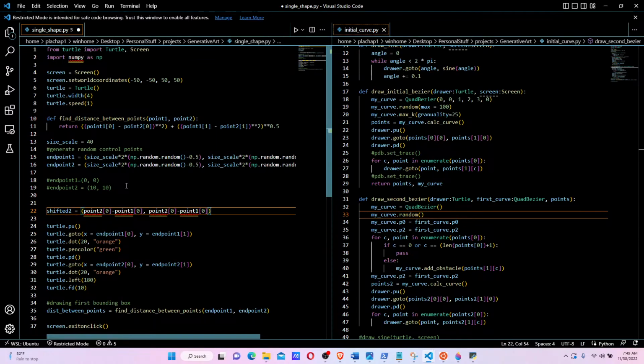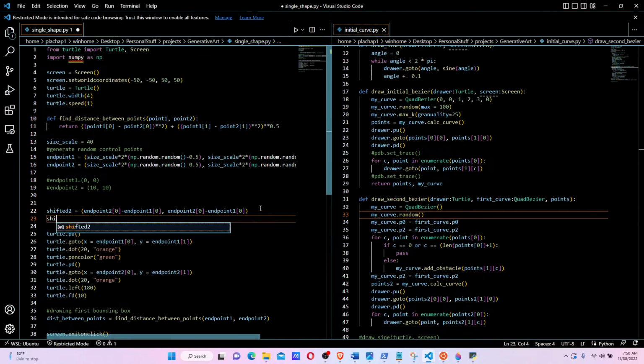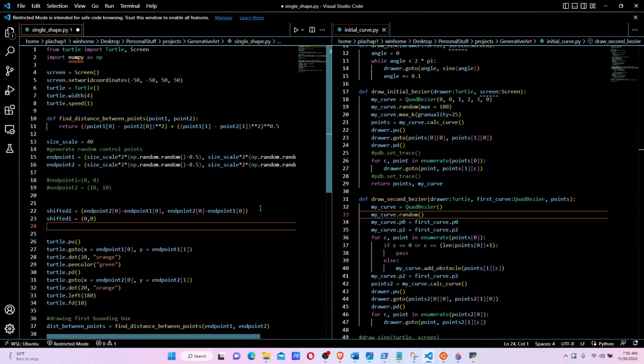Okay, so that's our shifted 2. End point, not point. Okay, now shifted 1 is just 0 0.